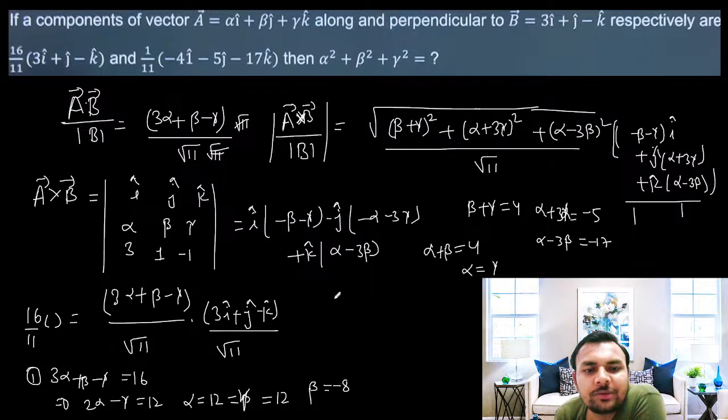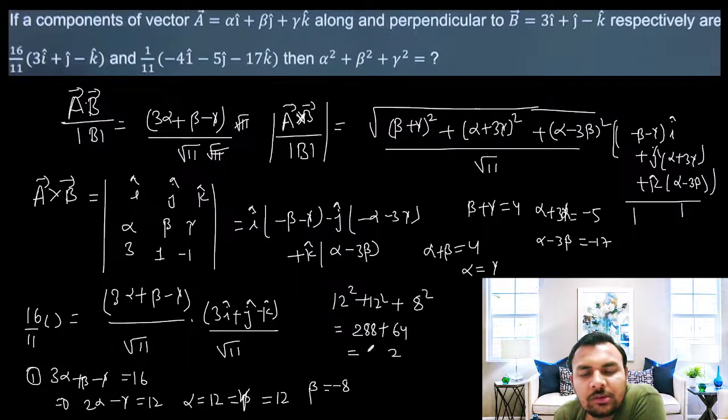So alpha square plus beta square is 12 square, 12 square, 8 square: 288 plus 64, 352. The one mistake we did is at this place.